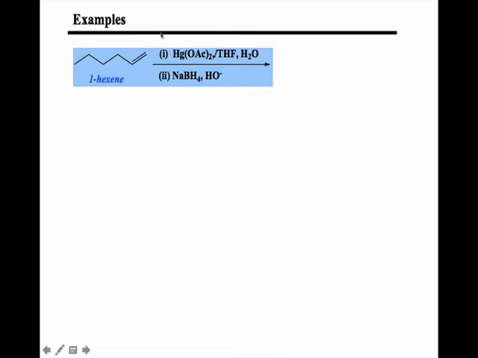Nonetheless, we react 1-hexene under the oxymercuration-demercuration procedure, and you end up with 2-hexanol, or hexanol, not hexenol. That should be an A. I don't know why the book did that. But 96% yield, quite good. And as you can see, it's a Markovnikov alcohol, as one would expect.